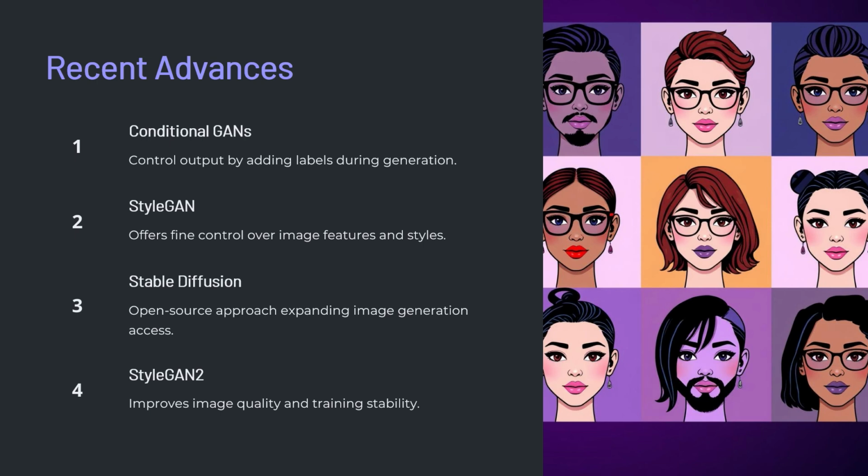Third is Stable Diffusion, a powerful open source tool making high quality image generation widely accessible. Fourth, StyleGAN2 builds on the original StyleGAN, enhancing image quality and making training more stable.